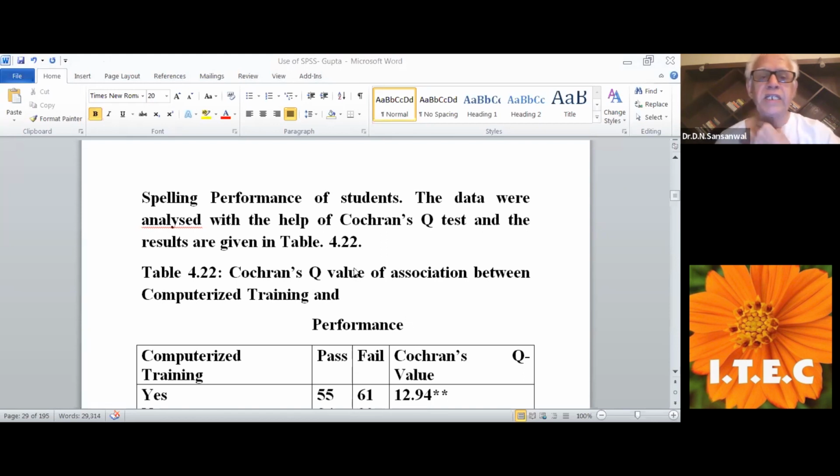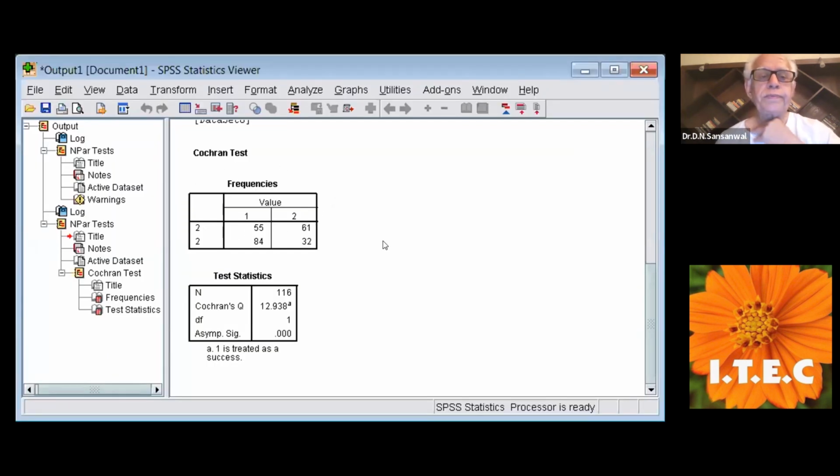This is the SPSS output. You can see the SPSS output. Are you able to see or not?